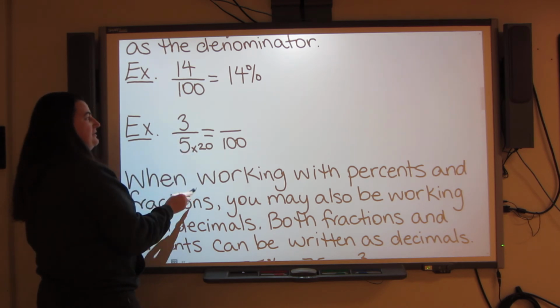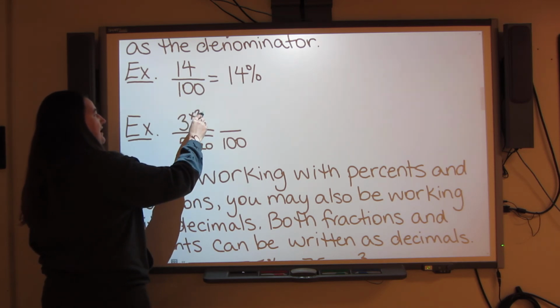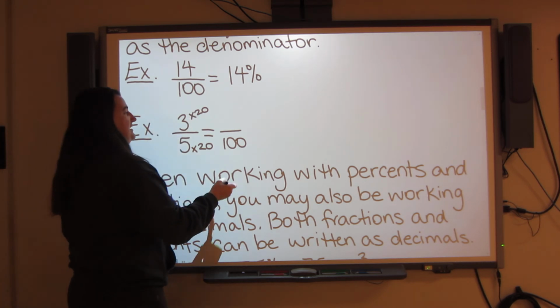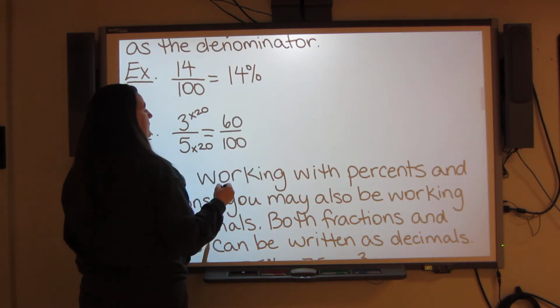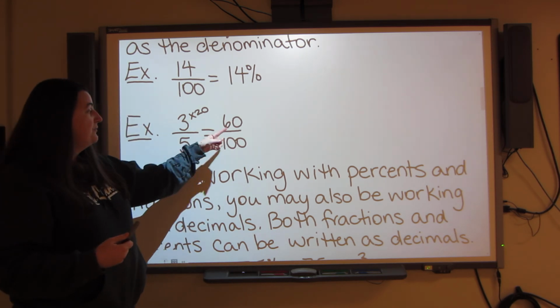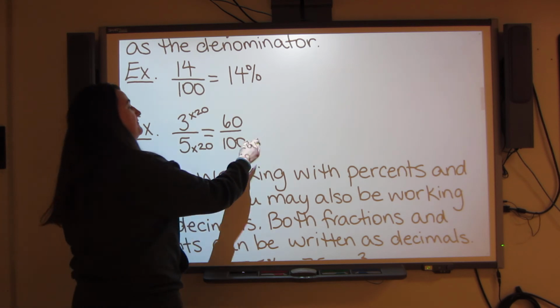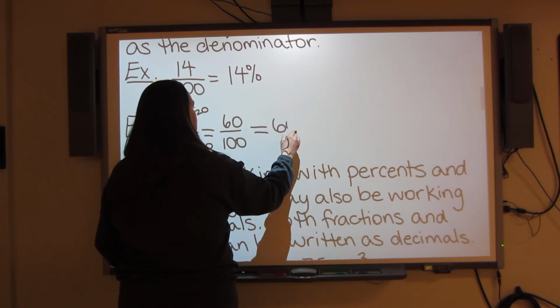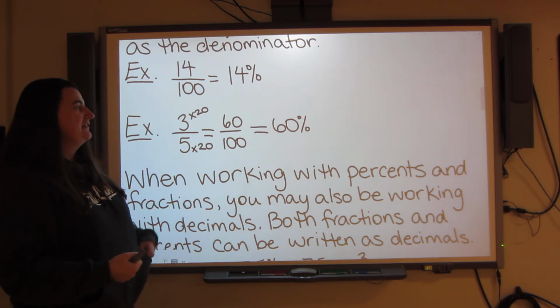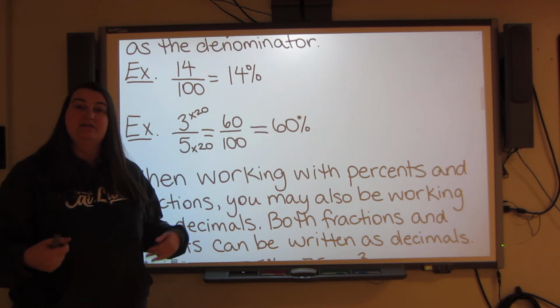And whatever you do to the bottom, you have to do to the top to find the equivalent fraction. 3 times 20 is 60. Now that I have a fraction with 100 on the bottom, I can find my percent by simply using the numerator and then putting the percent sign.